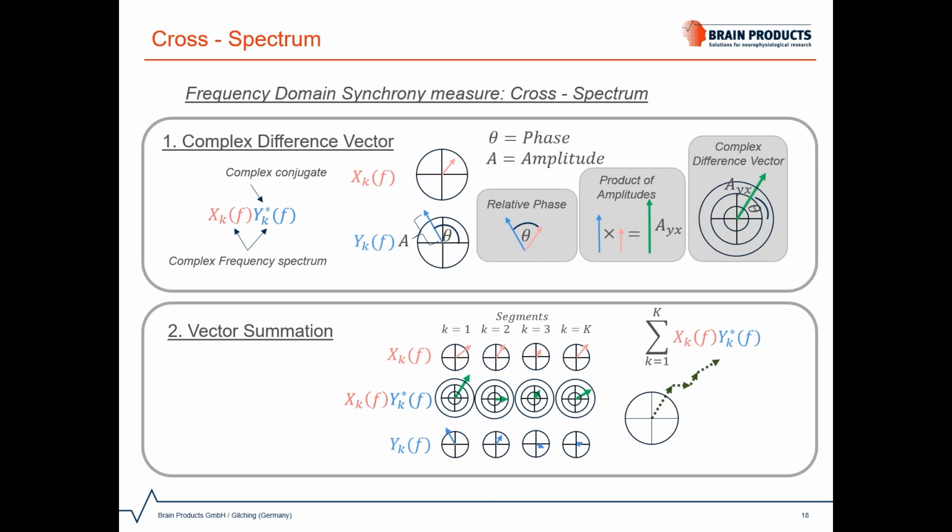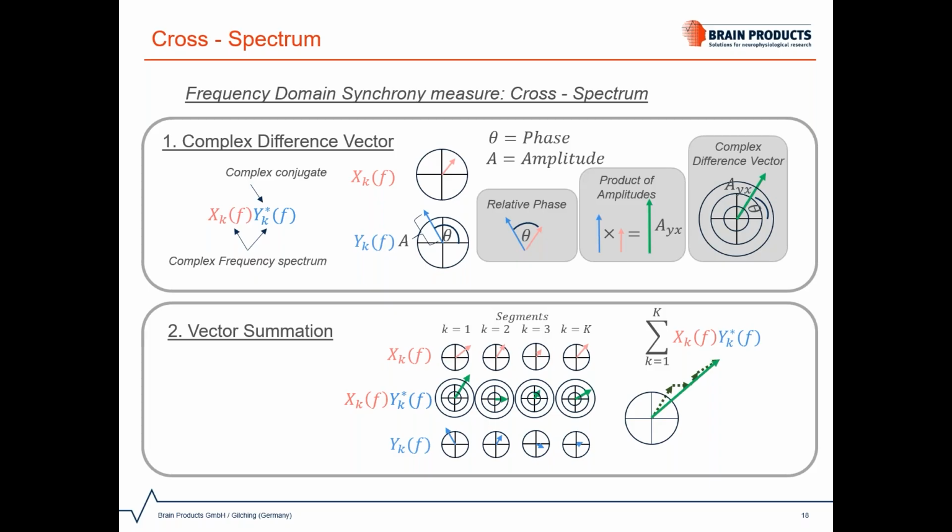The summation in the complex domain can be understood as concatenating the individual difference vectors from end to start. And the resulting vector will follow the path of the concatenation from the origin to the end. This yields a vector with a phase and amplitude that is specific to the combination of the individual difference vectors. If all phase lags between the signals are constant or similar across segments, then the difference vectors will all point in the same or similar directions.